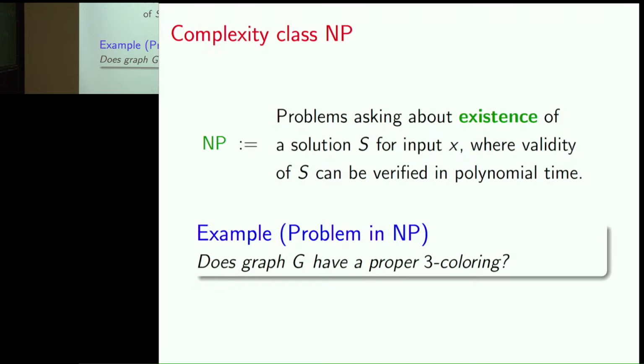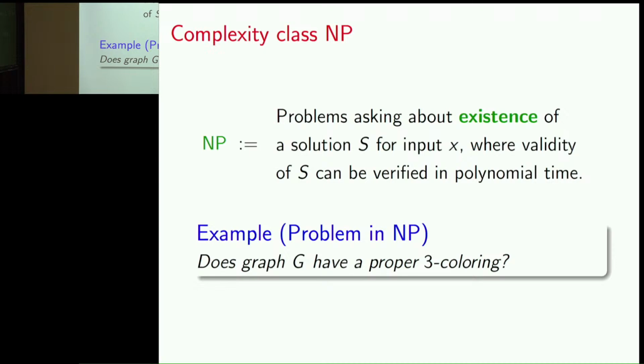And to do that, I first need to define what NP is. So NP is the class, there are many definitions. The one that's most relevant to us is the following form. You define NP as problems asking for the existence of a solution to a given input, where the validity of the solution must be verifiable in polynomial time.